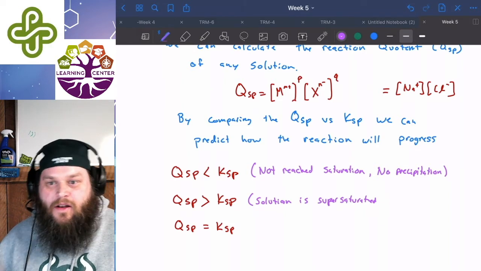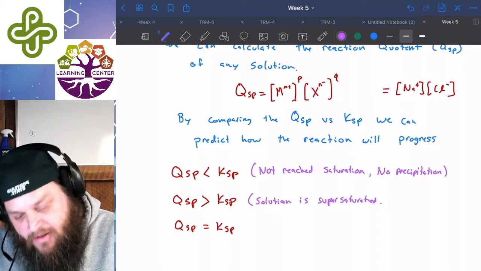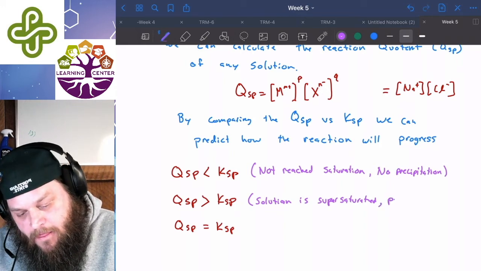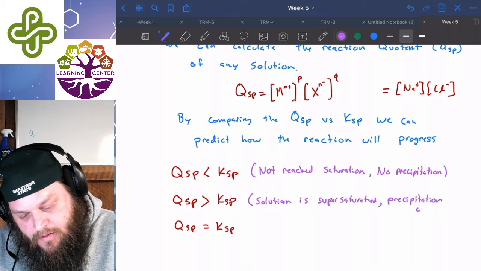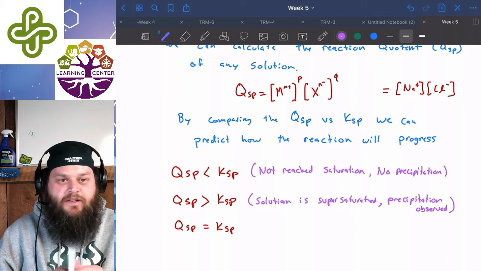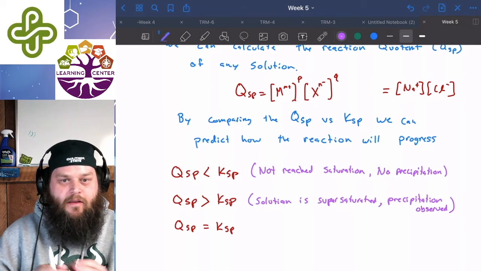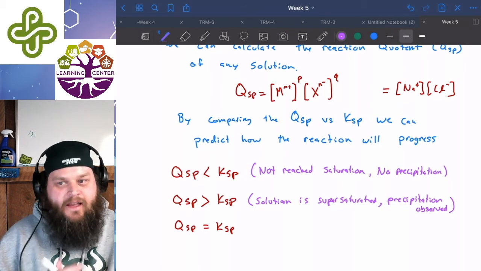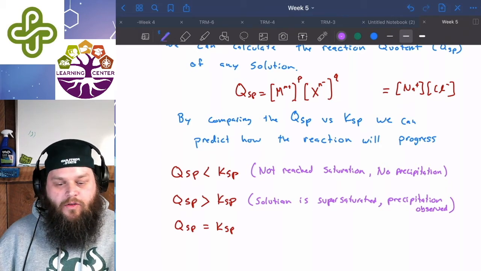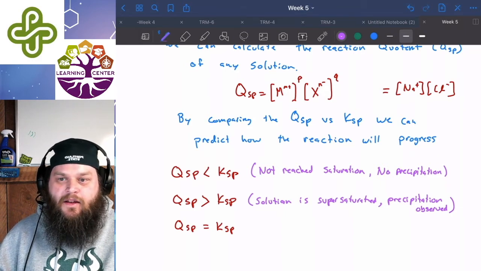So that means we're going to have some precipitation, if I can say words. Because up until the point of saturation, everything's going to be fully dissolved. And at that point, or anything you add after that point, excess of saturation, you're going to have that solid form.